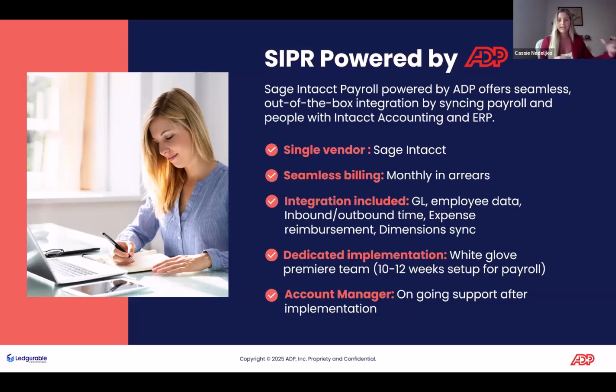It cannot be purchased from ADP directly, because it is that exclusive product that is designed to be integrated with Sage Intacct. It also eliminates the extra third-party billing by having it seamlessly connected through your Sage Intacct subscription. It includes the integration, and again, you have those specialized teams for all of the additional support.